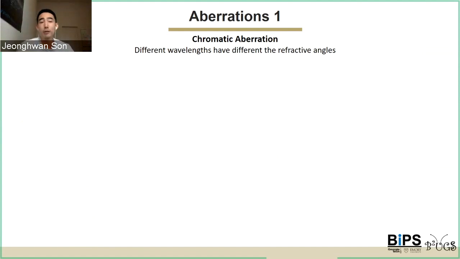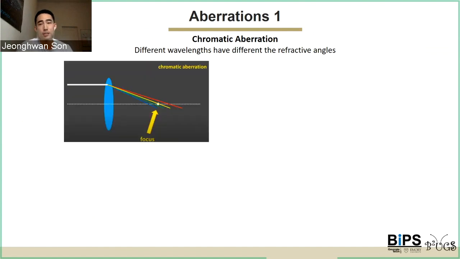With microscopy system, we face aberrations, which is artifacts from multiple regions. The most common aberration is chromatic aberration, meaning different wavelengths, different color of laser or light source has different refractive angles, so that different color of light has slightly different focal plane after objective lens.